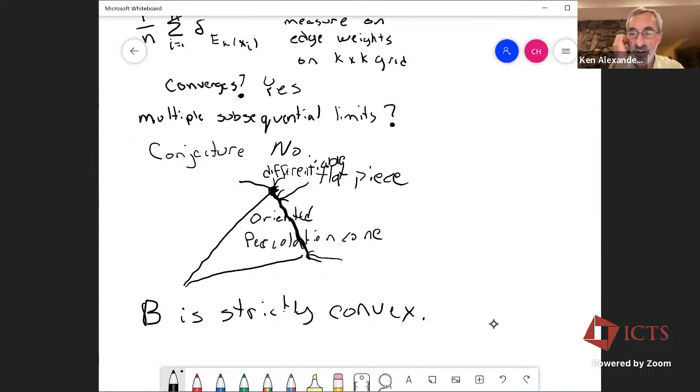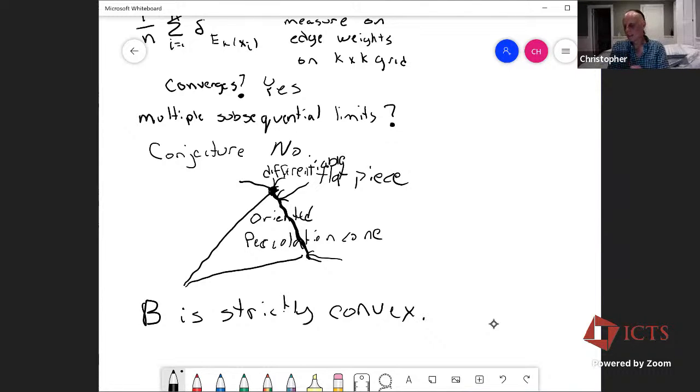So it could be that when you look at your K by K box, you're going to see elbows in the geodesic all the time, typically, that it's just changing all the time what direction it wants to go within that cone of directions. So would you necessarily get two different subsequential limits? If you pick two different directions and pick the times when it seems to be going in that direction, would there really be such times? Could that be guaranteed?